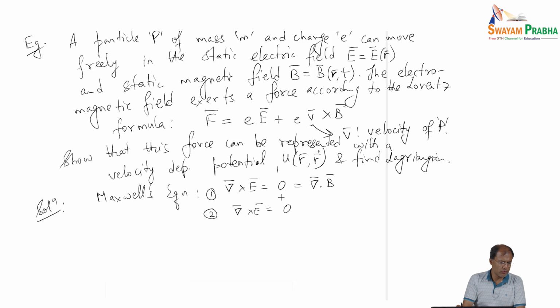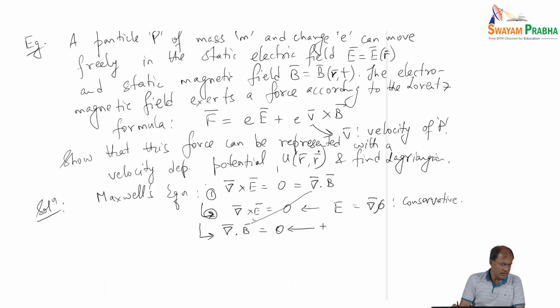So the first equation is del cross E is 0, which means that of course E can be written as grad of phi, or we have a conservative system, right? That is how the curl will be 0. Then also we see that del dot B is 0, the second equation, and from here we can conclude that B must be of the form del cross A, where A will be related to our answer, which is the velocity potential.